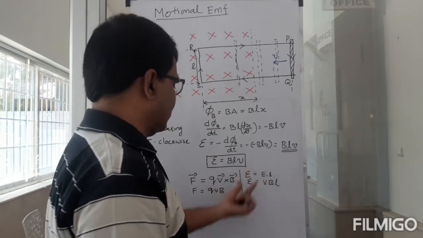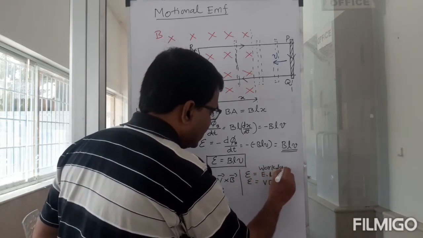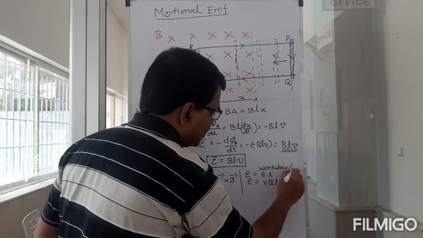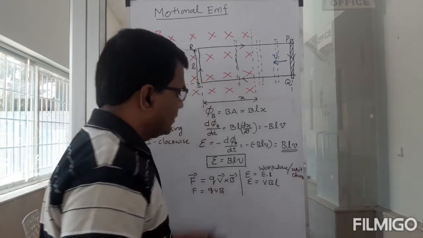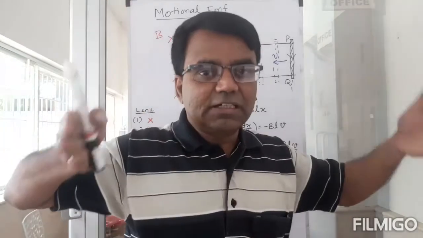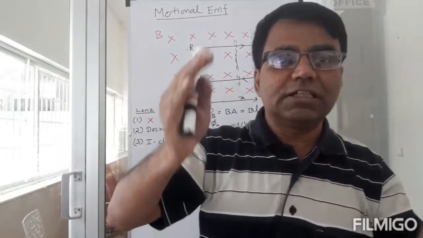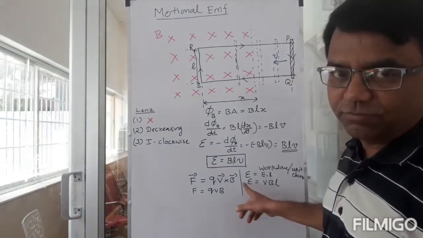So this is a work done per unit charge. That's your EMF. That's potential, clearly. So you get potential energy, and then potential energy per unit charge is potential. So that's EMF.